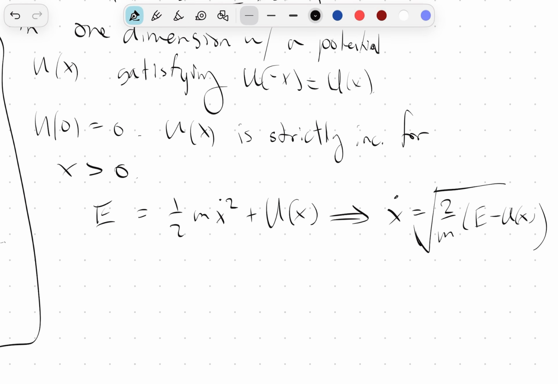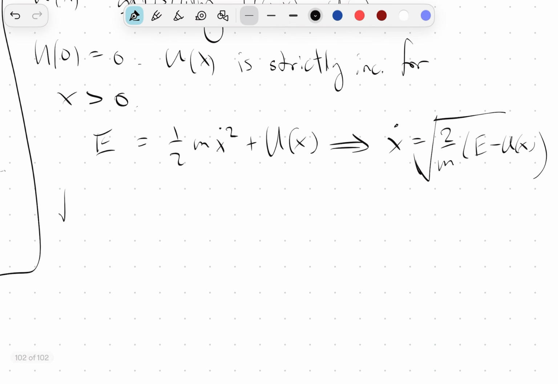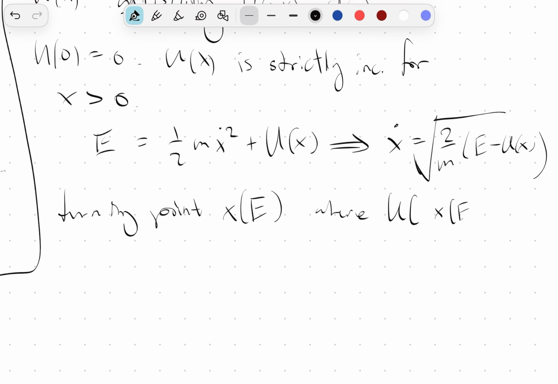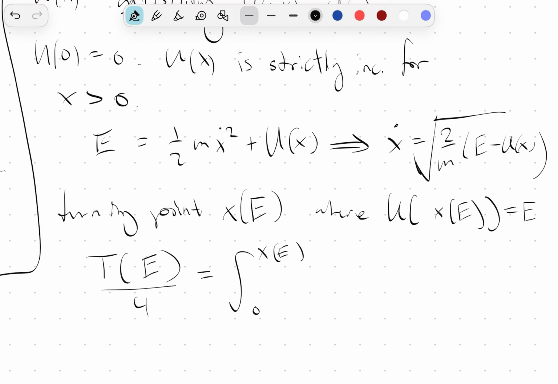Now, the time to go from the equilibrium point to the turning point x of e, where the potential u of x as a function of e is equivalent to e, the time itself will be t of e over 4, the integral from 0 to x of e, dx over the square root of 2m times e minus u of x here.